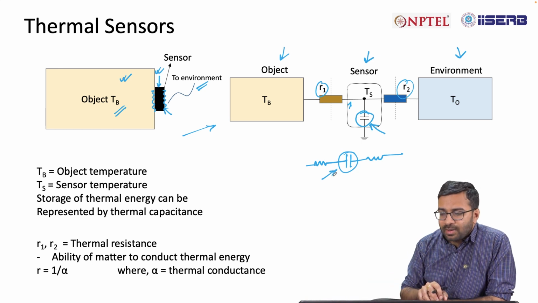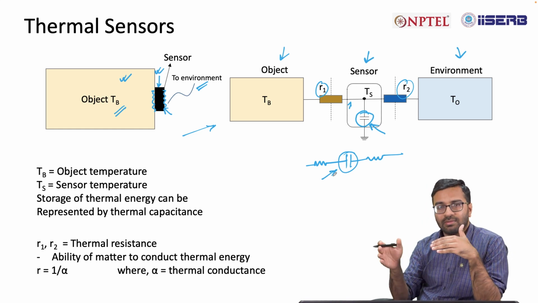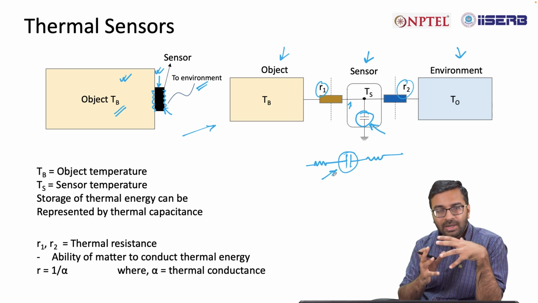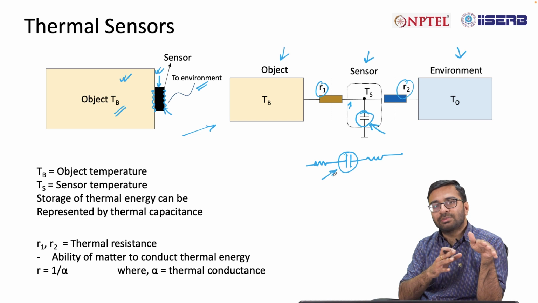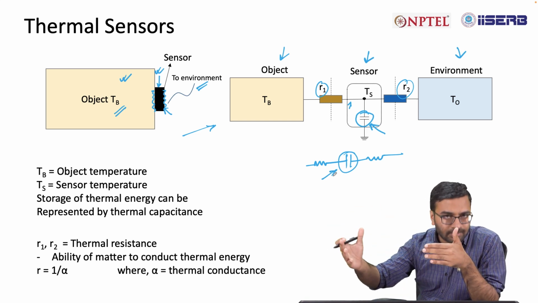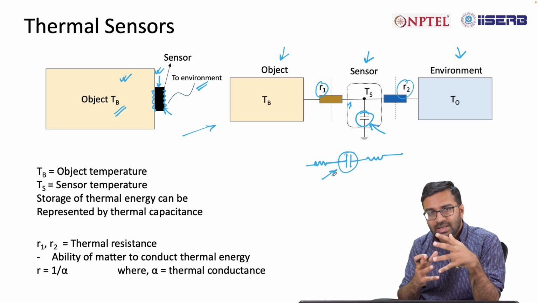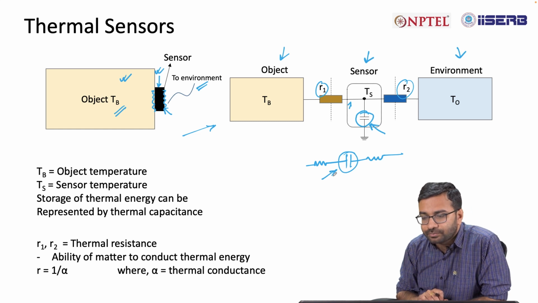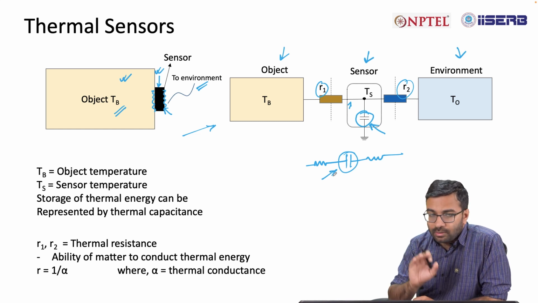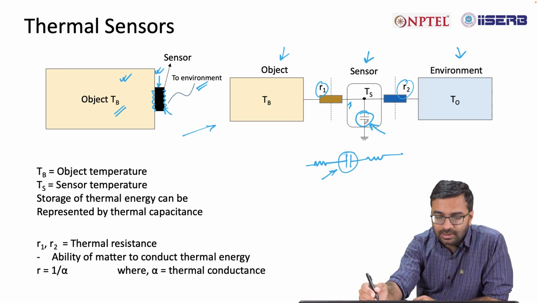This is not very complicated, because the thermal current passing from object to sensor to environment and the storage are happening in parallel. It is not like the thermal current is passing, getting stored, and then passing again. If you understand the entire process physically, the most suitable assumption is to connect the capacitor in parallel.